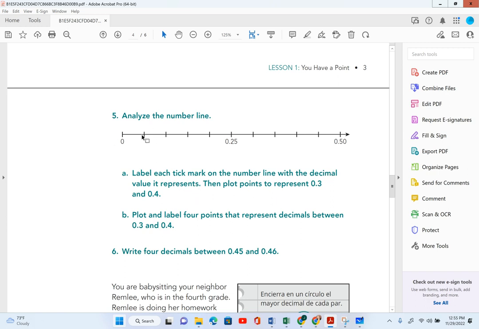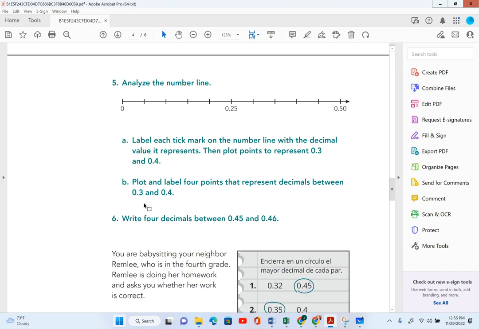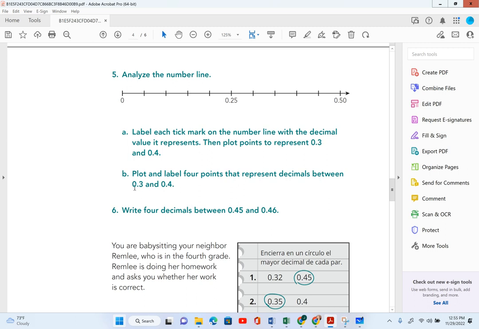So what is each one worth? Remember, this is 0.25 and this is 0.5. So what would this be? And then label 0.3 and 0.4. Plot and label 4 points that represent decimals between 0.3 and 0.4.